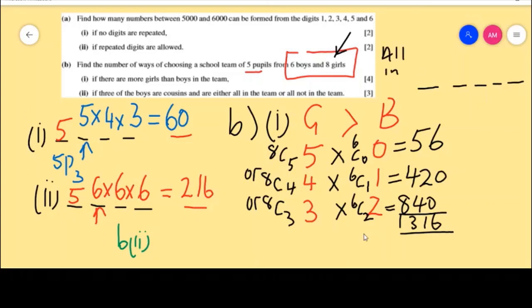The cousins are B1, B2, B3, the 3 boys who are cousins. If they're all in, I have spaces left for 2. If I take those 3 boys, I'm left with 3 boys and 8 girls.